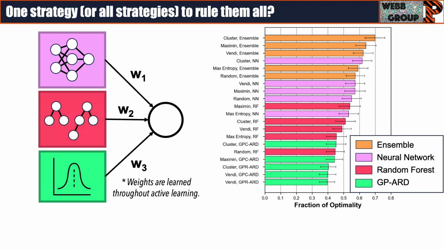So we're actually not going to try to find which model works best. We're just going to aggregate all the models into an ensemble and then have learnable weights as a function of data acquisition that will give us our final prediction. Okay, so this is coalescing all the data across all the 40 tasks.